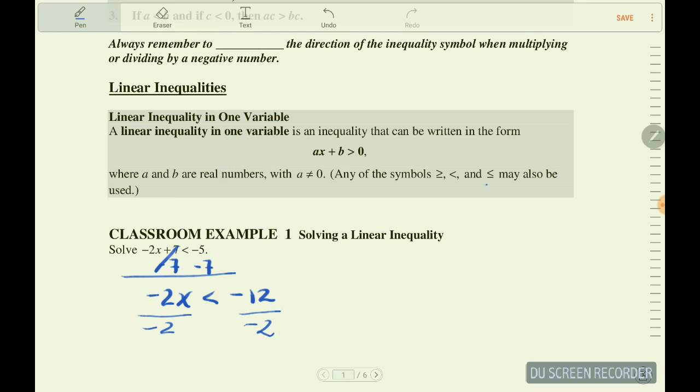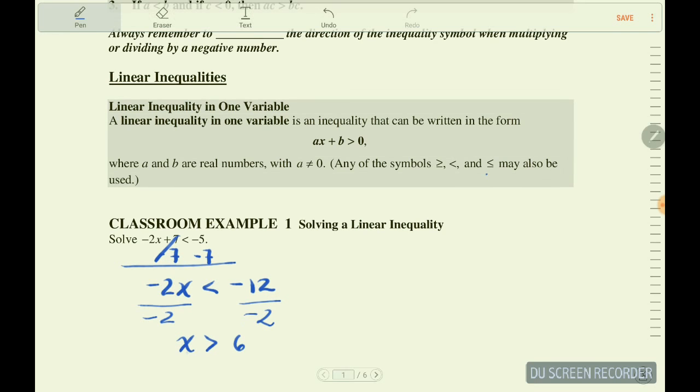And whenever we multiply or divide by a negative, we must reverse the direction of the inequality symbol, which is the key pitfall to look out for when solving inequalities. We don't have to worry about that with an equality symbol, because equality symbols, when you reverse them, look exactly the same, right? So now it's something that we have to be thinking about.